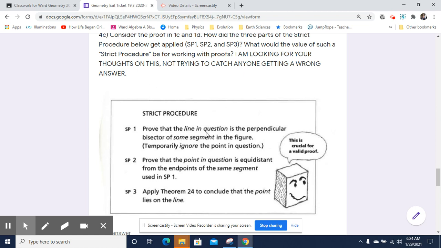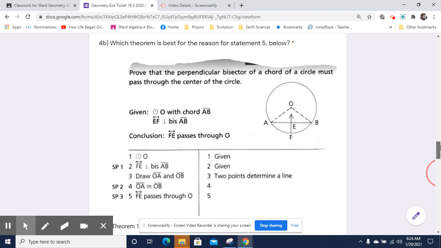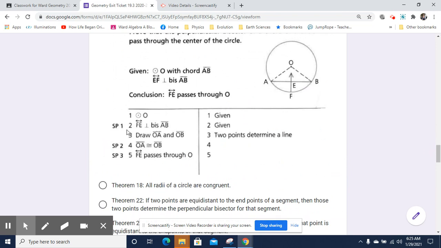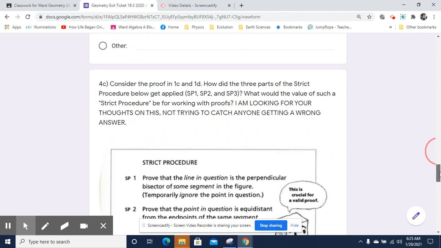So prove that the line in question is the perpendicular bisector. So we've done that. That was an easy part because it was one of the givens. So SP1, and you can see SP1 is the statement that FE is the perpendicular bisector of AB. In other cases, you might have to do some work to prove it.